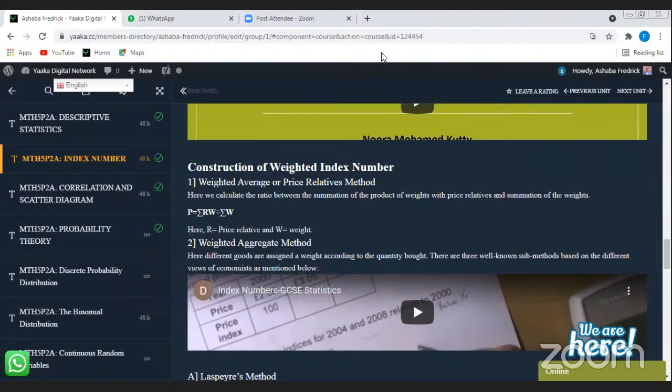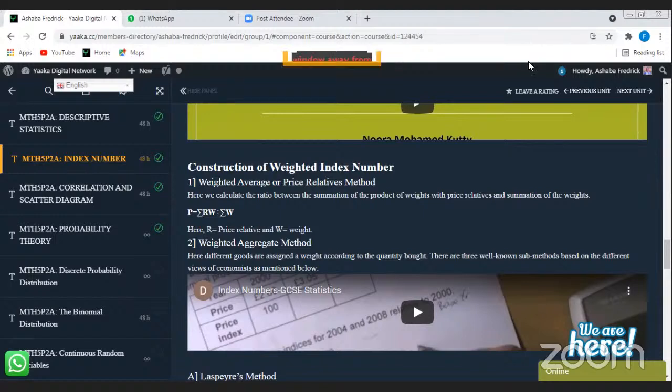So here, as we also calculate these index numbers, we take that into consideration, that some of the items weigh more than others. So here we attach weights to individual commodities. Then after attaching the weights, we calculate for weighted average of price relatives, and then we also calculate for weighted aggregate method.